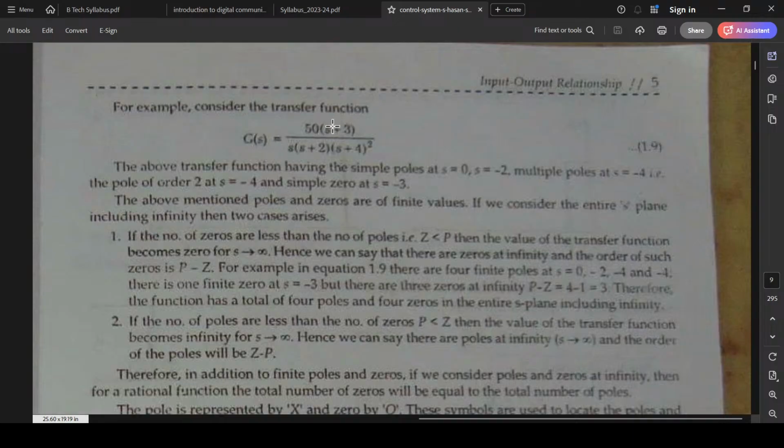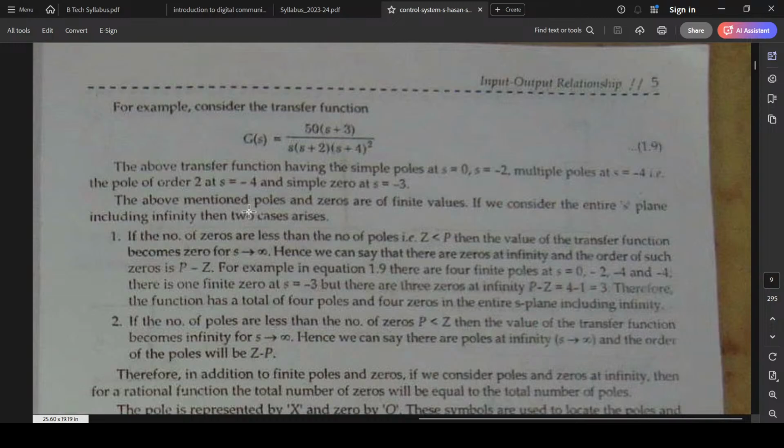So for zeros it is minus 3, and for poles it is 0, minus 2, minus 4, and minus 4. Let's see, 0, minus 2, minus 4, and minus 4. It is a multiple pole because there are two values of minus 4, coming twice.